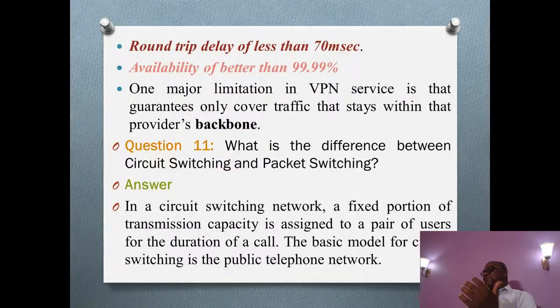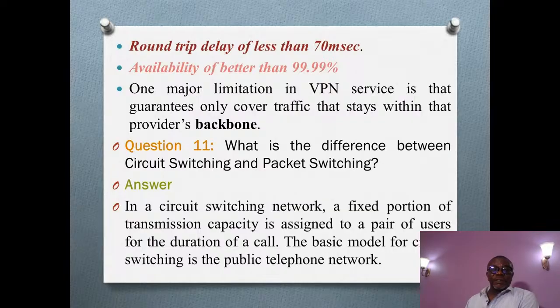So if a packet is coming from one technology to the other, then no one is guaranteeing what happens. So we say that it's a major limitation, because immediately your data leaves one backbone to go to the other one, performance guarantees can no longer be guaranteed.